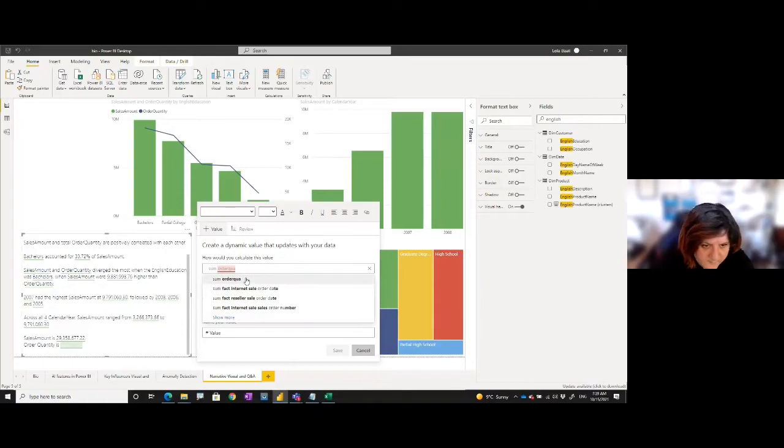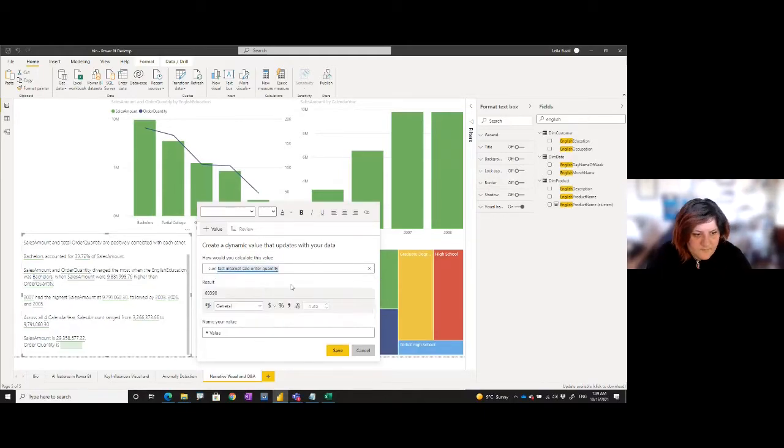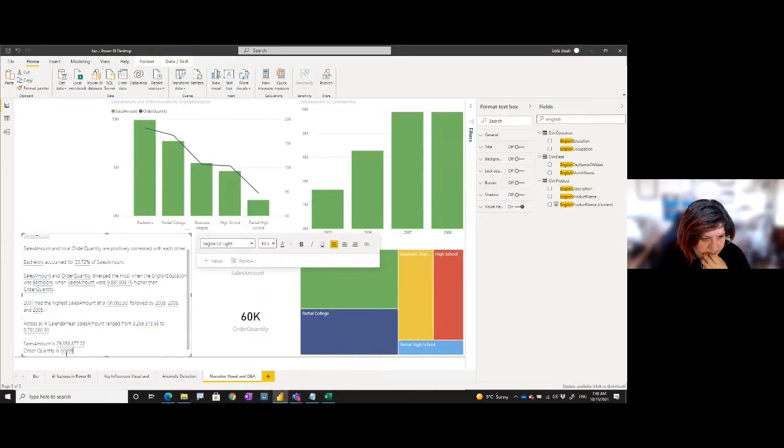I hope that I have it. Order quantity. Yep. Name the value, for example, order quantity. Save it. So it brings the value over here, and you can even edit that and add more values over there.